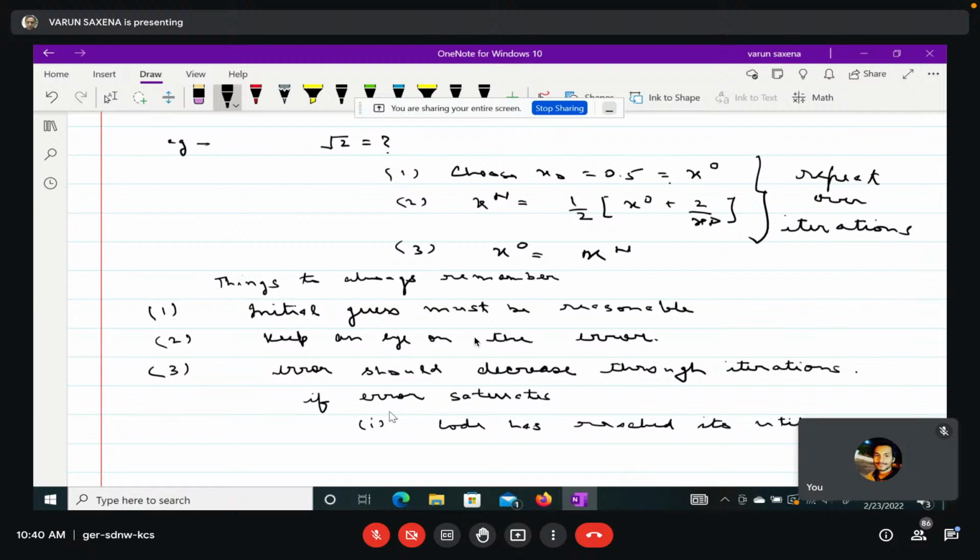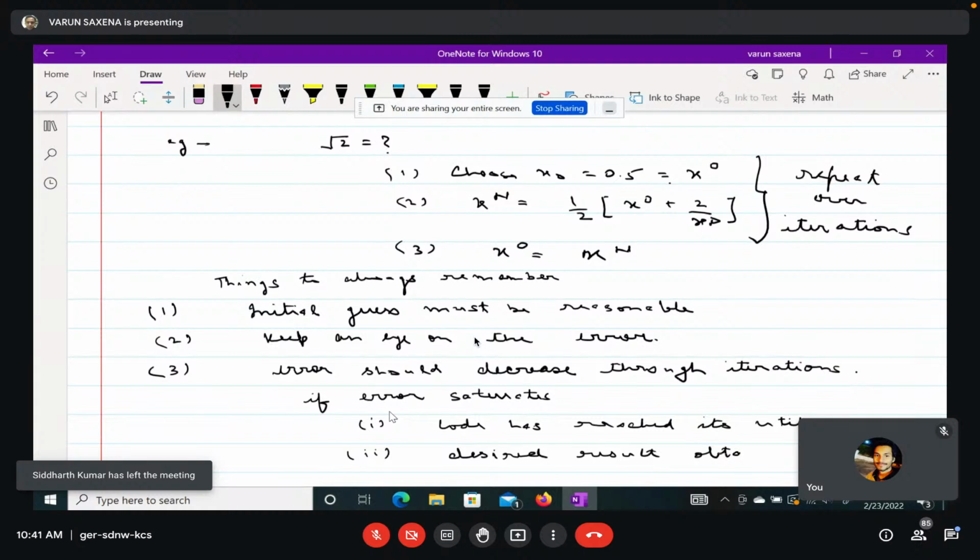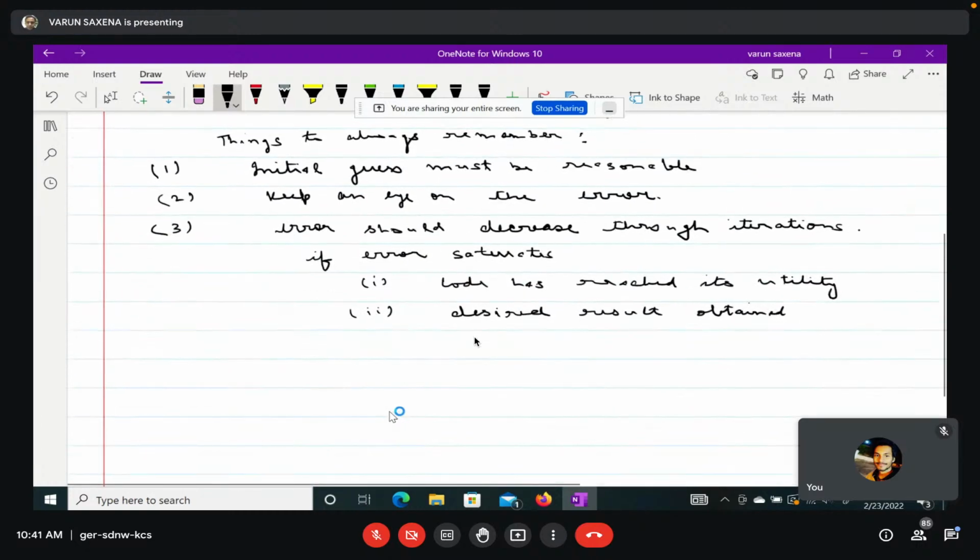Or second is that the desired result has been achieved, because the first one may or may not give you the desired result. Right? So the desired result may have been obtained. Okay, so these are some intuitive points that come into the picture when we see the code running. So you need to remember them.